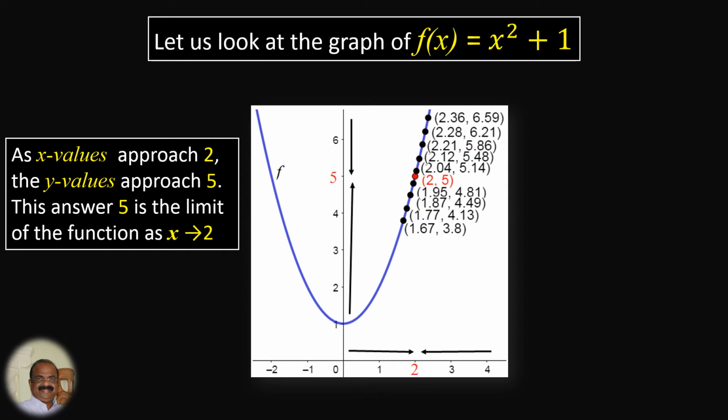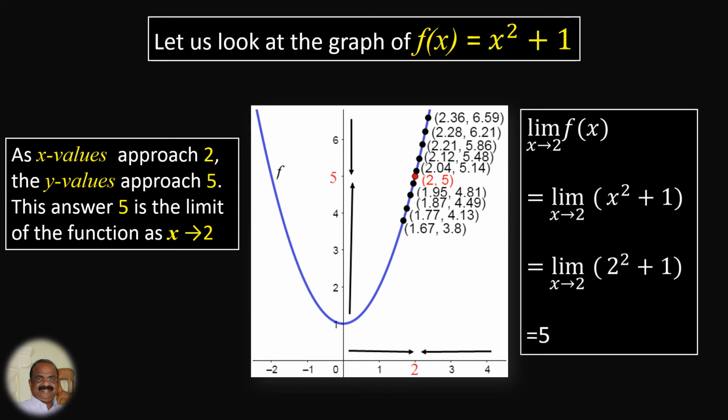Then 5 is the limit of the function as x approaches 2. Now, limit of f(x), that is limit of x squared plus 1, we substitute x equal to 2 and then we get 2 squared plus 1 equal to 5. That's how we calculate the limits.